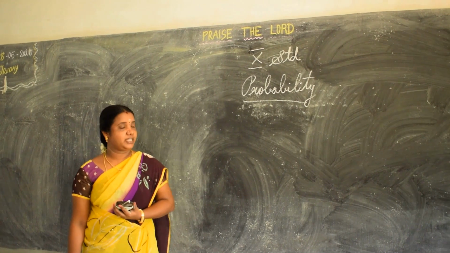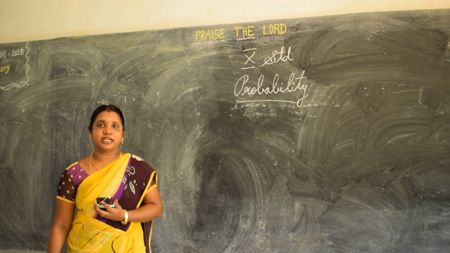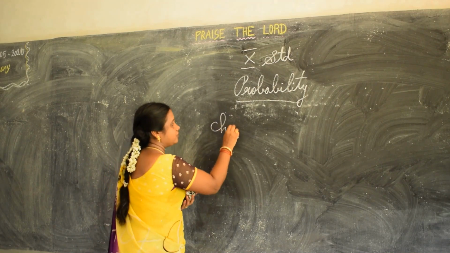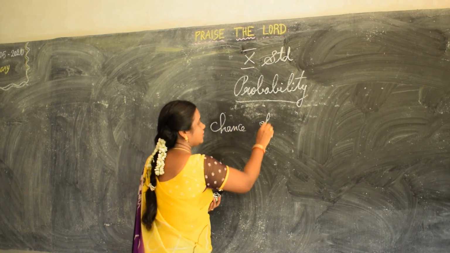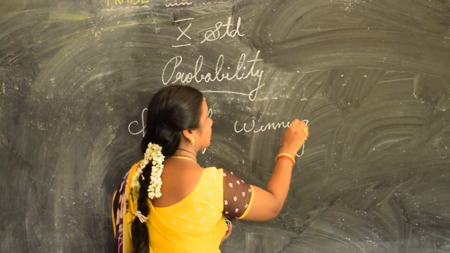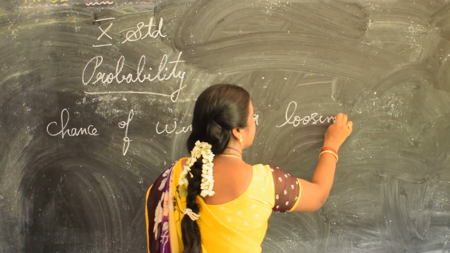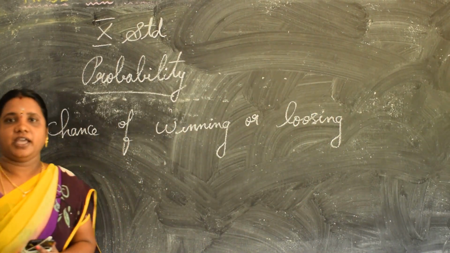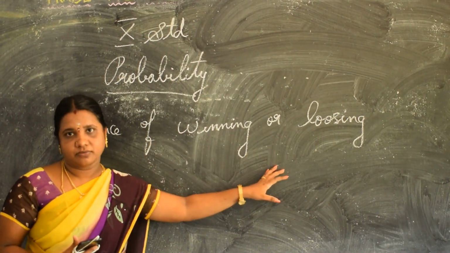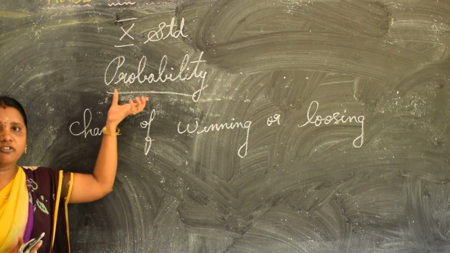See, our 8th chapter is probability. Probability is nothing but the chance of winning or losing. Either you can win or lose. You have to find the chance with the help of probability.